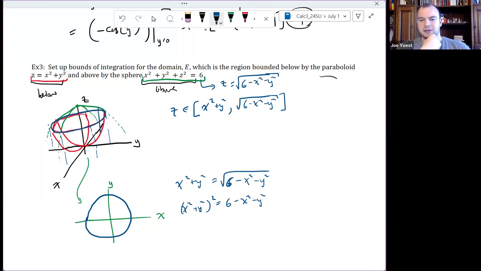And I guess I could go and multiply all of this out, but I would much rather think in terms of radial distance. I know that thinking in terms of polar coordinates is probably going to be the way to go here.